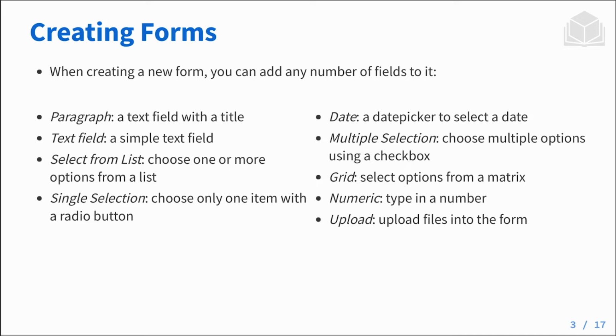Now, just like we've seen with structures, we've also seen with document types, our form builder has a number of fields that we can use and take advantage of to actually set up our form. We have things like paragraphs and text fields. We can do a select from list, a single selection. We could do a date, multiple selection, grid, numeric, and upload. And having these field options gives us the opportunity to really create and provide whatever forms we have a use or need for.